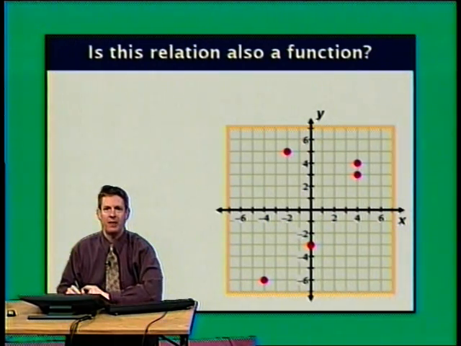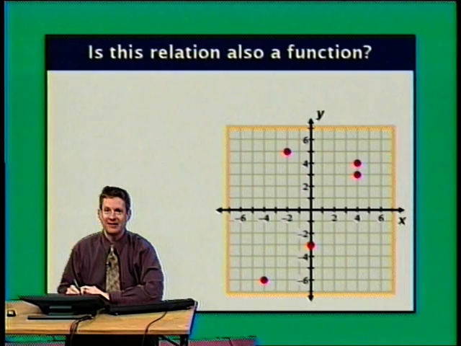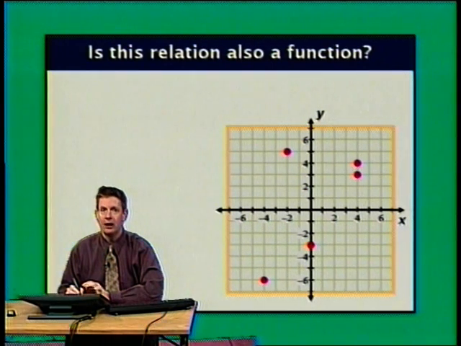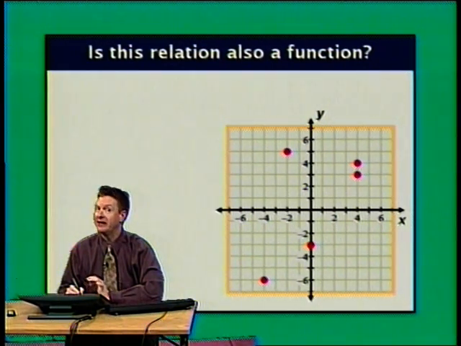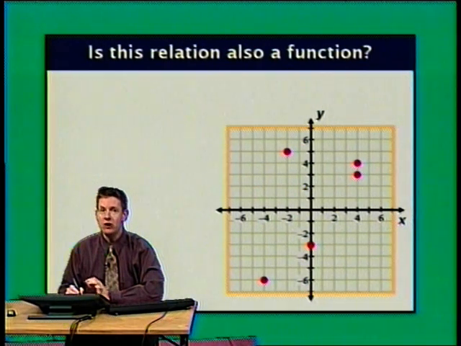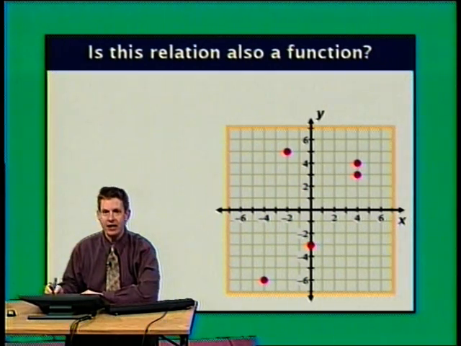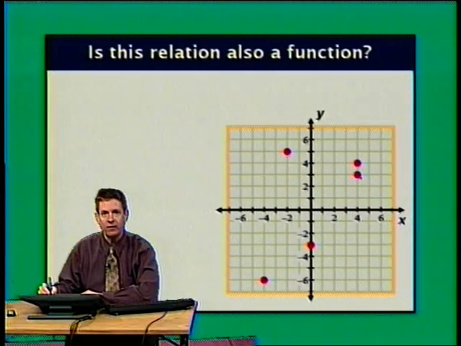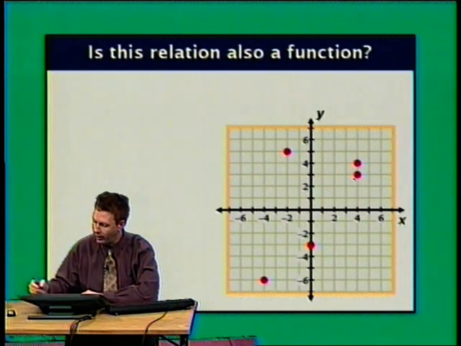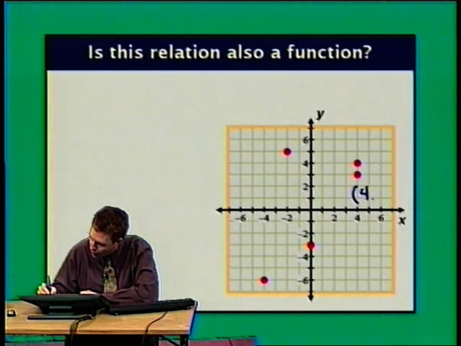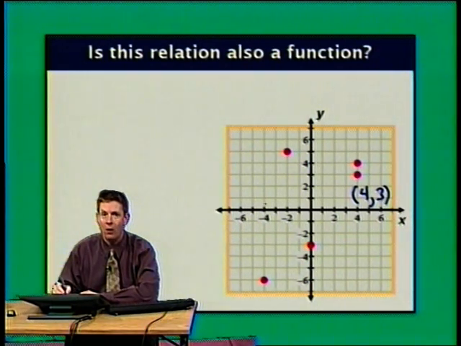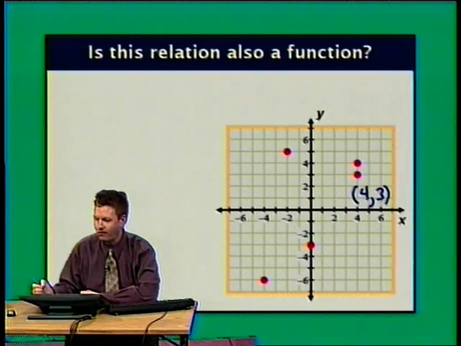How about the set of ordered pairs that are graphically illustrated here? Is this relation a function? Well, what we have to ask ourselves is, is there any pair of points that have the same first coordinate? The reason we have to ask that question is because the defining property of a function is that no 2 points in the set have the same first coordinate. Well, we can see as we look at our graph that there's 2 different points that have a first coordinate of 4. This point has an x coordinate of 4, and since x is our horizontal axis, the first coordinate is 4 of this point.